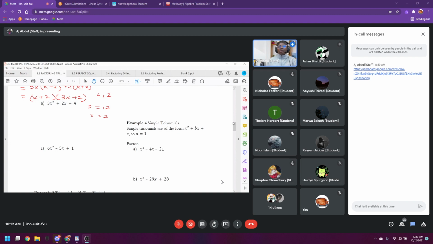What are those two numbers? Does anybody know? Are there two numbers that can multiply to 12 and add to positive 2?